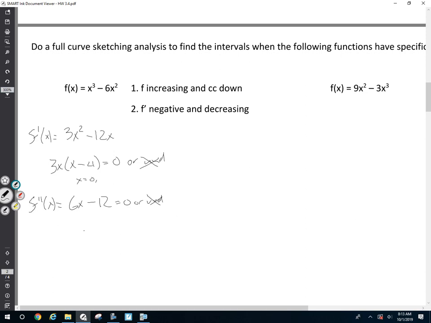So I get 0 and 4 here, and I'll get 2 here. So let's throw down the sign analysis of f prime, 0 and 4, and then make sure f double prime's value 2 is in between. That way we keep track of things.